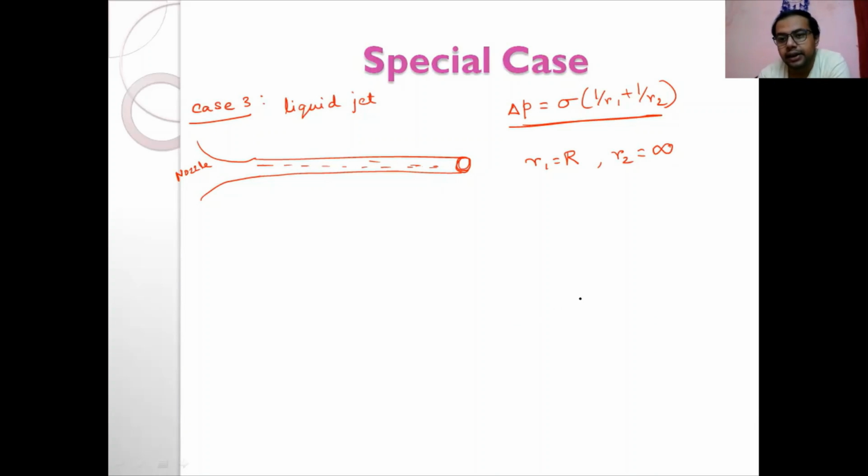The radius of curvature of a straight line is infinite, and the other portion is circular with radius of curvature R. Hence delta P will be sigma into 1 by R plus 1 by infinity. 1 by infinity is 0. So delta P is sigma by R.